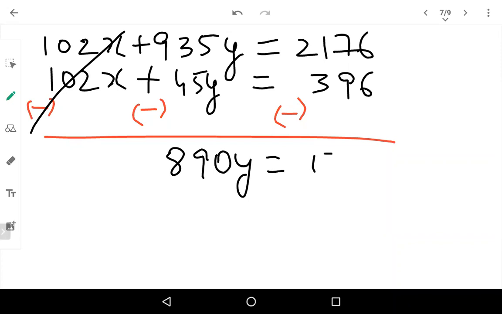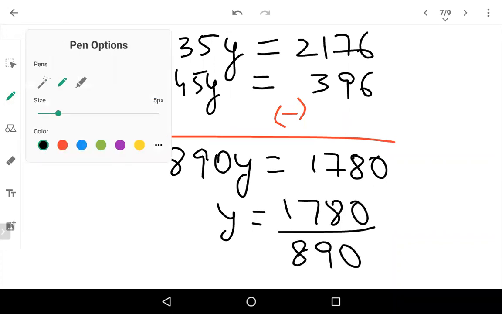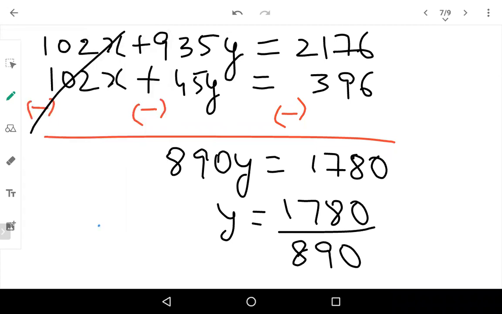Correct, 1780. So y is equal to 1780 divided by 890. So the value of y, therefore y is equal to, how much do you get? Divided by 890, will give you 2. So y is equal to 2.